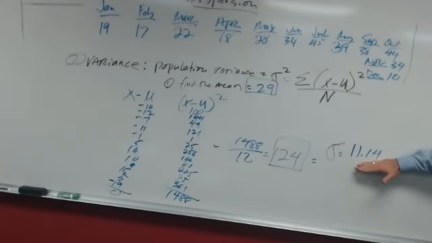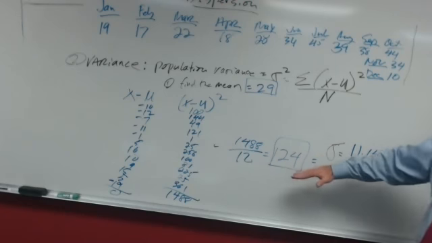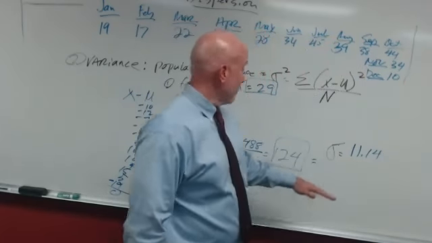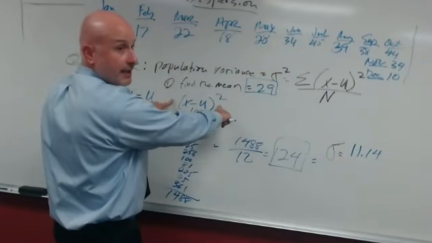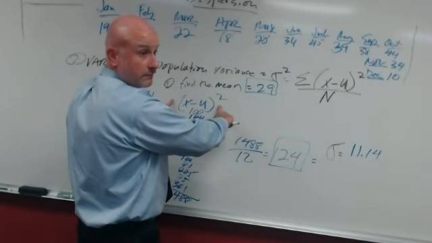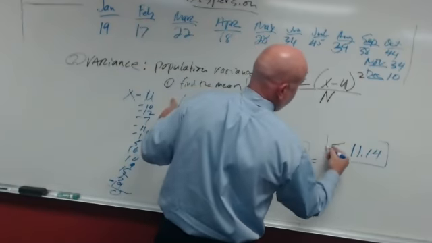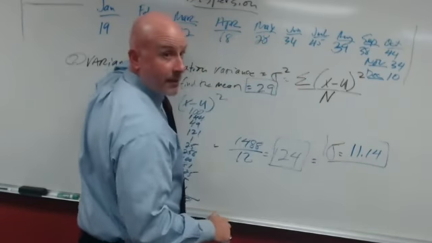This is your standard deviation. So the standard deviation is the square root of the variance. And remember, all we do is we take the square root because we're having to square the data here, and we want to put it back in the same level of measurement that we're using up here.